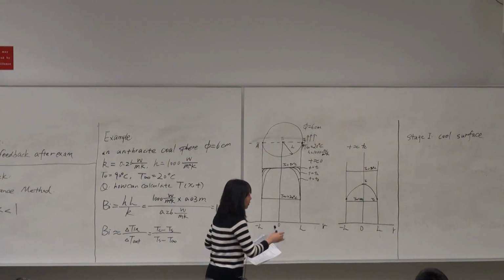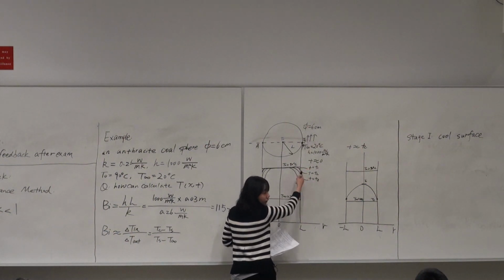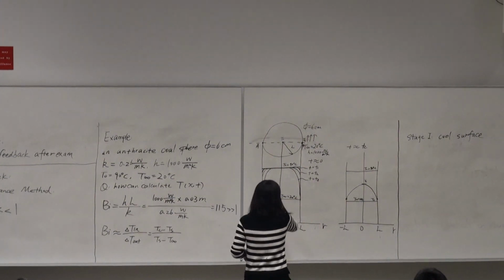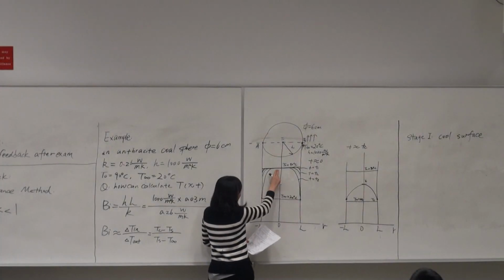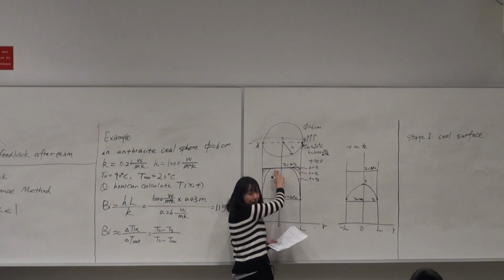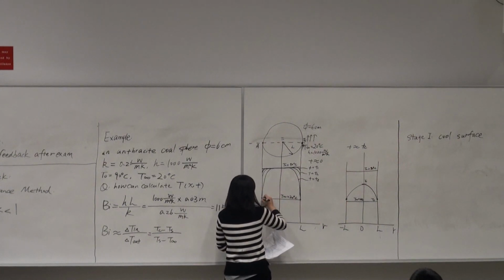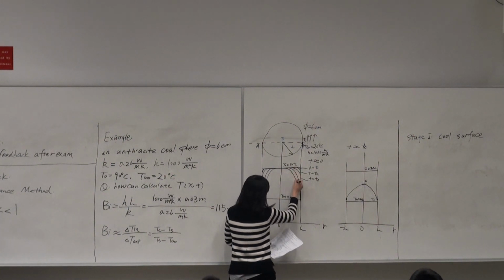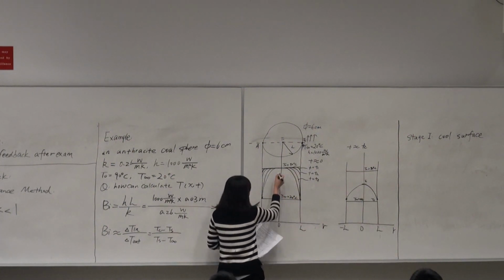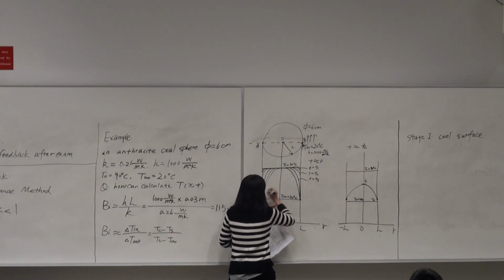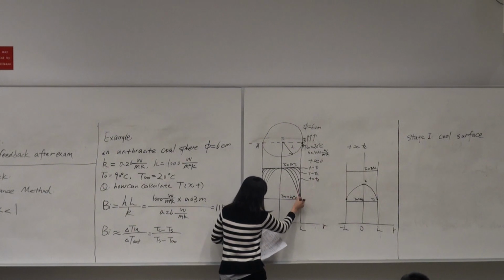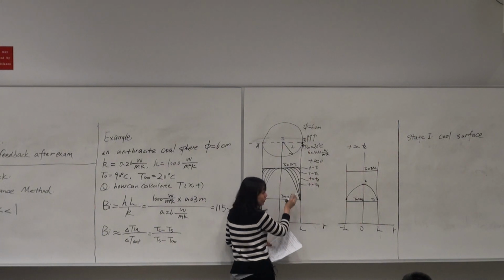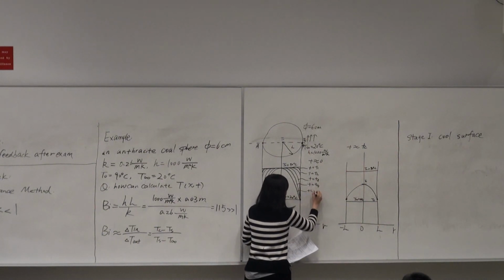Then after that, if the time increases in this direction, what will our temperature profile look like? As you see, at the center and the vicinity of the center, the profile will still penetrate until the heat reaches the center. This is at the time T4, and we call the time for the heat to reach the center T5.